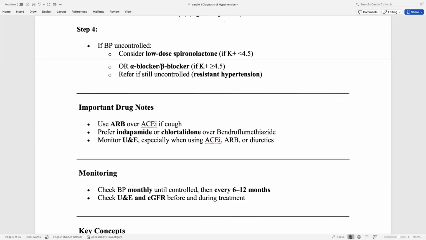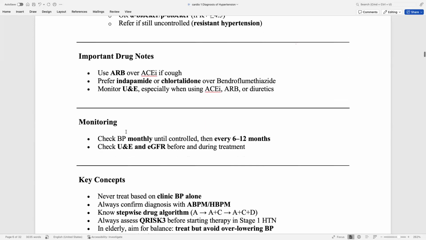How to monitor if we start the medication? Monthly. So I will give you medication, I need to see you after 1 month. If the patient is newly hypertensive, or we newly started medication on him, so how long will I see him after? 1 month.